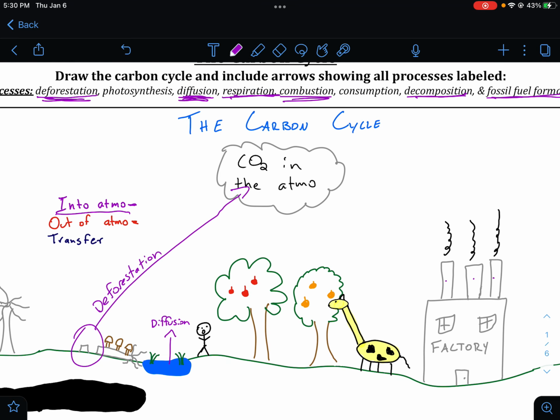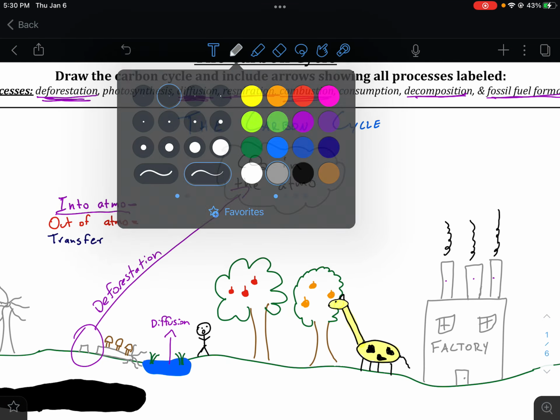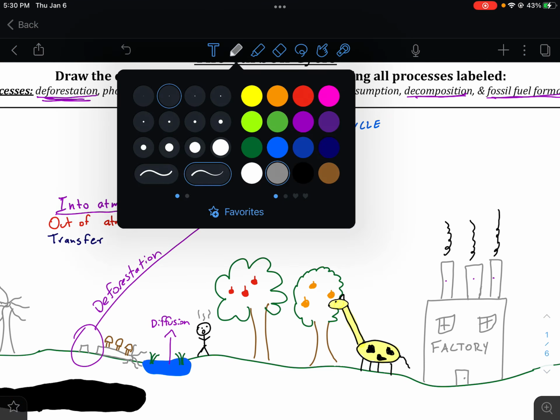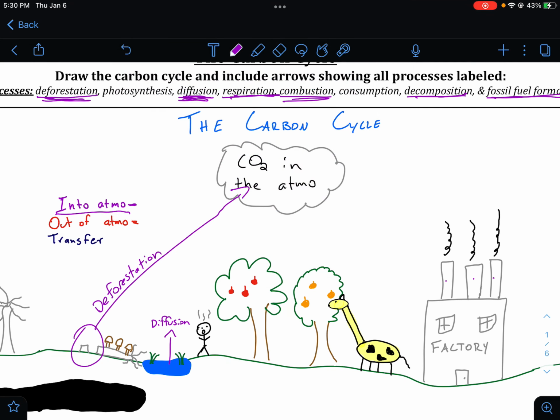Next, we have respiration. Well, respiration is the product of breathing. So each time we take a breath in and exhale out, we are adding CO2 into the atmosphere. So all of these breaths that we're taking go into the atmosphere, and this is respiration.